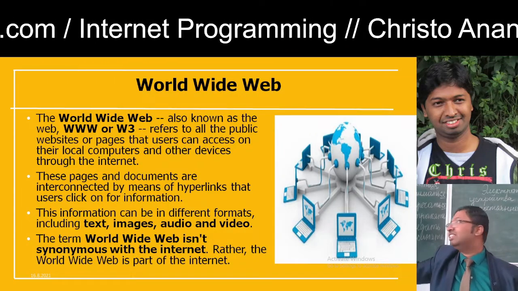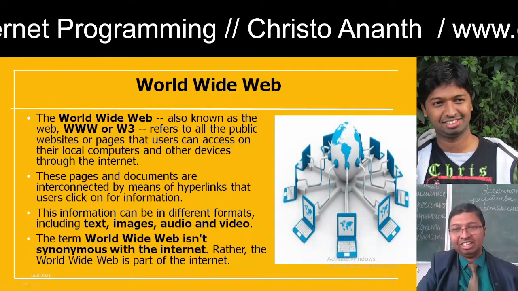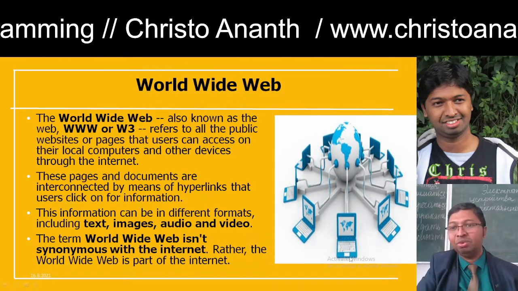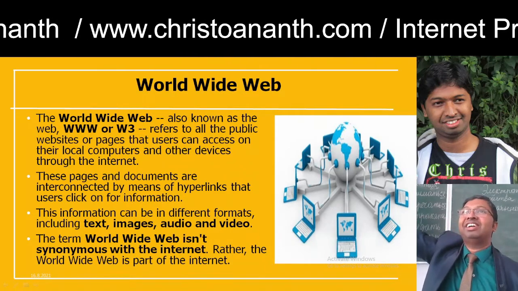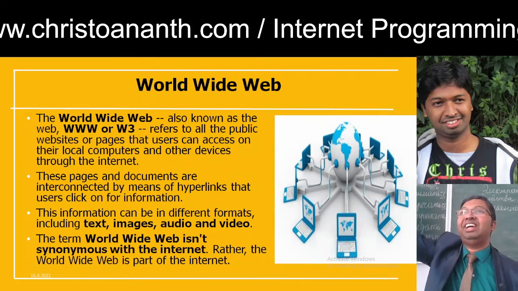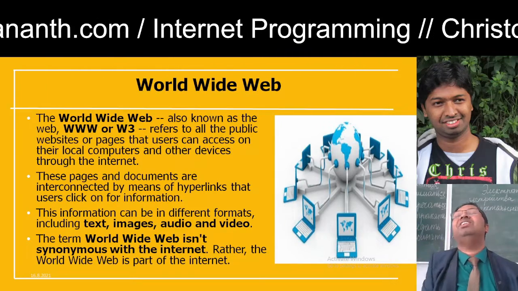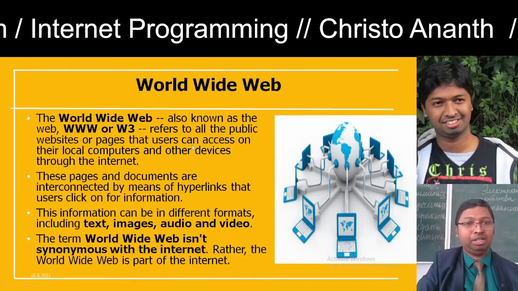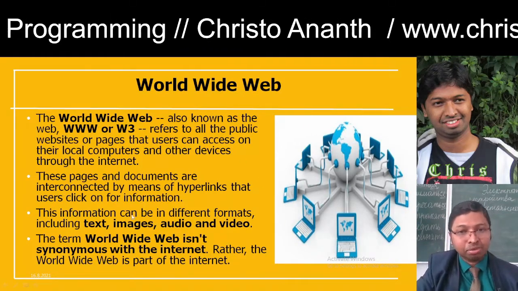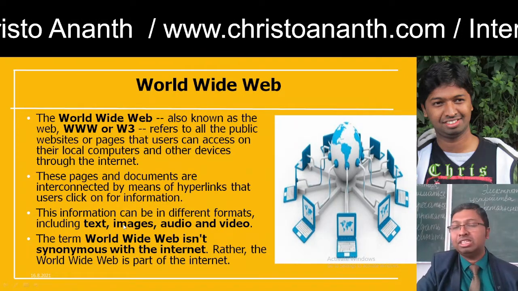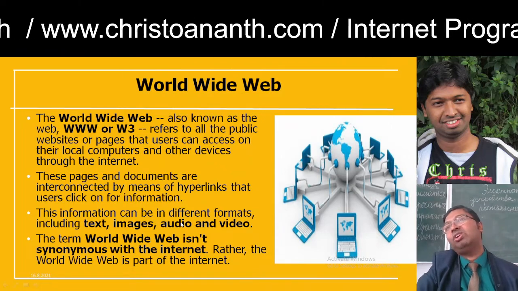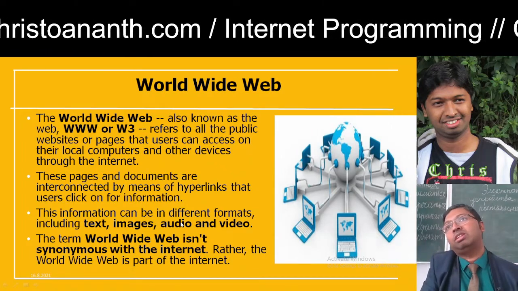If we move the cursor like this, it will turn into the hand symbol. Then you can click on this one. This is hyperlink. So this information can be of different formats, maybe text, images, audio, video, everything can be in your website.